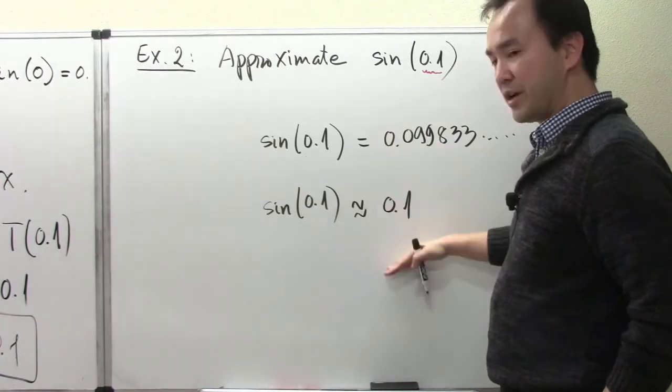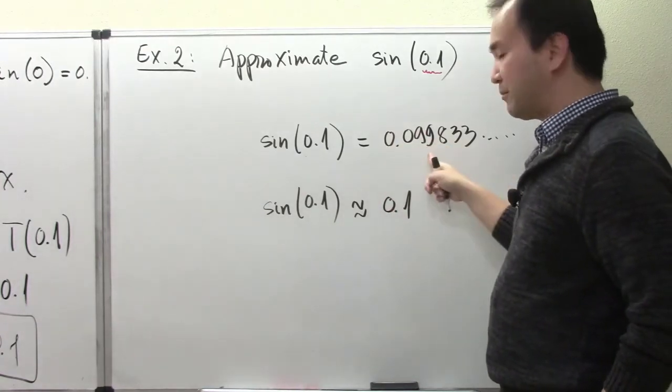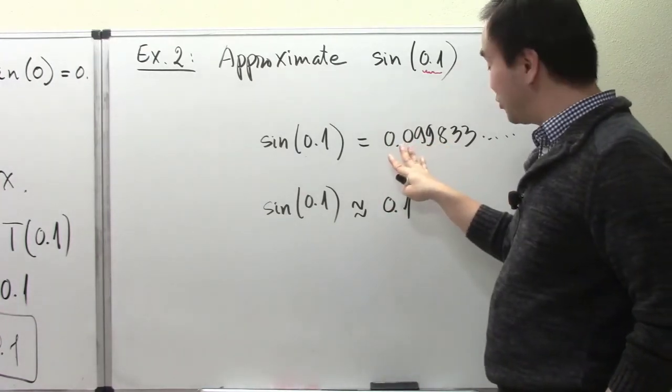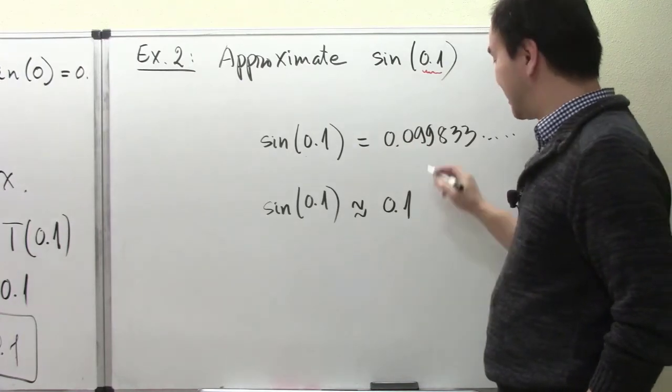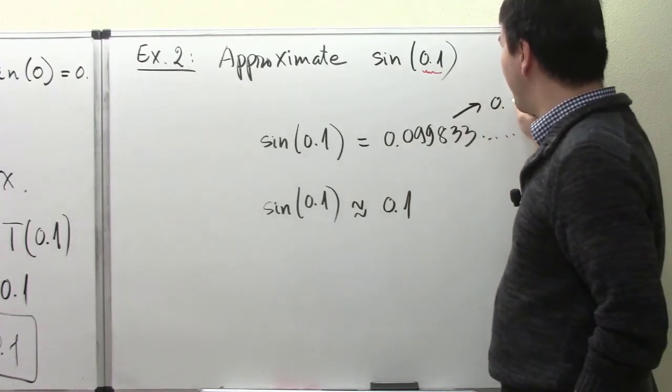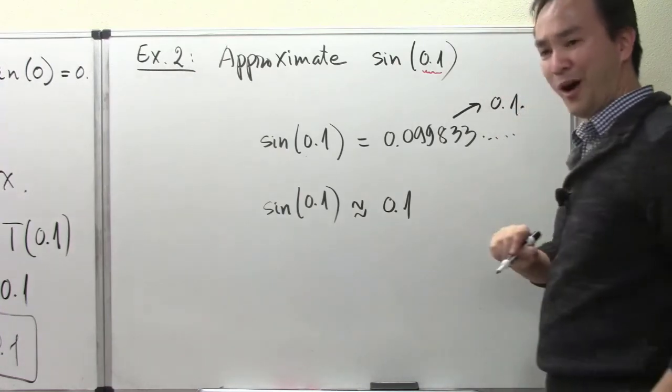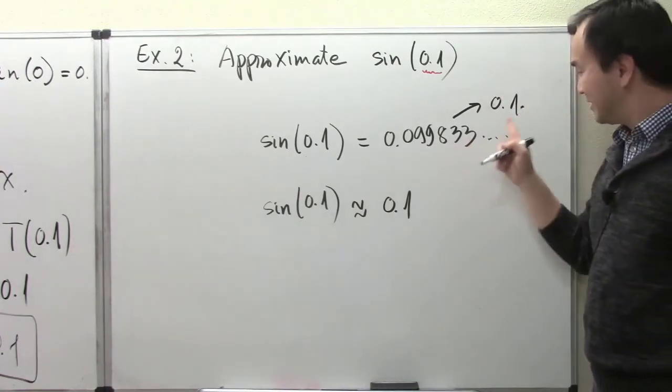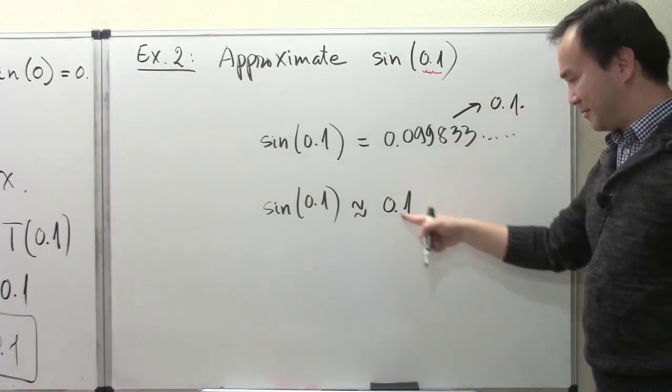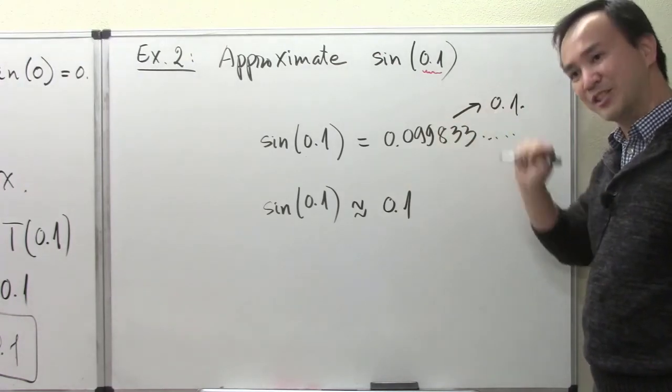Look at how close we are. If I round this answer to three decimals as usual, then it is forced down to 0.1 again. And so we're right on the spot.